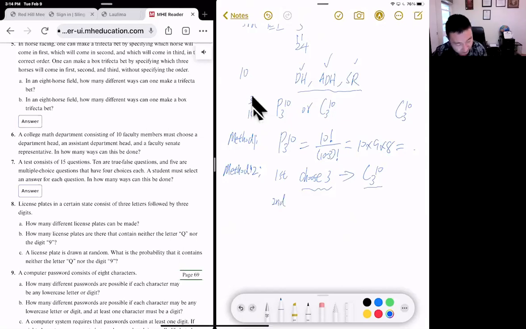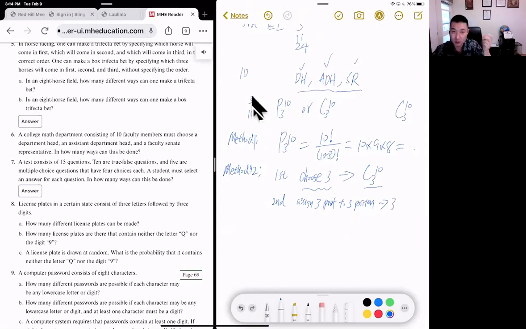The second step, we assign these 3 chosen professors to 3 different positions. How many different ways? We have 3 people and 3 positions. We choose one for the first position, department head, so we have 3.